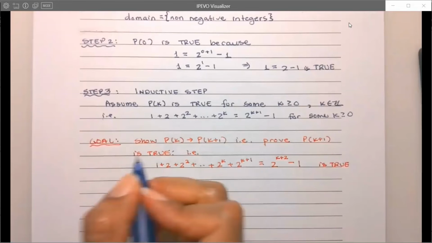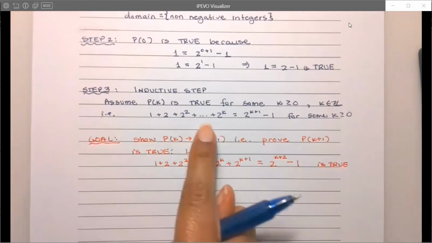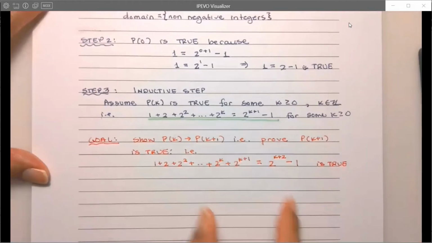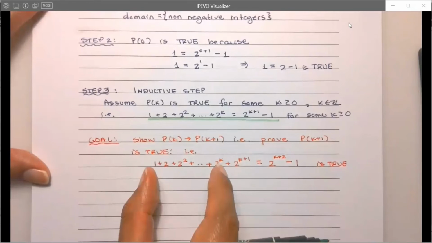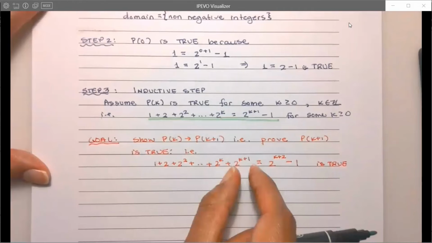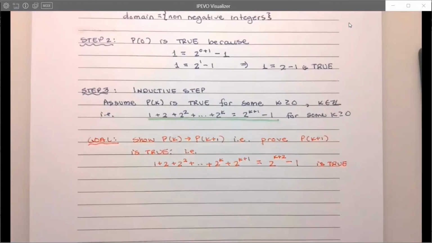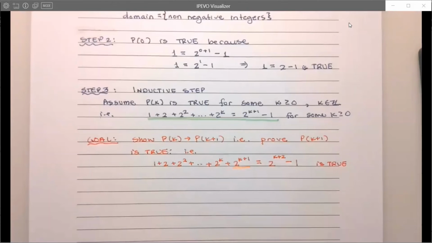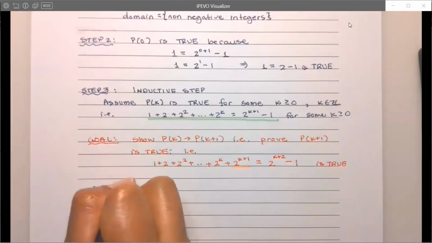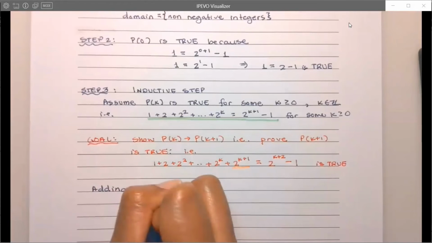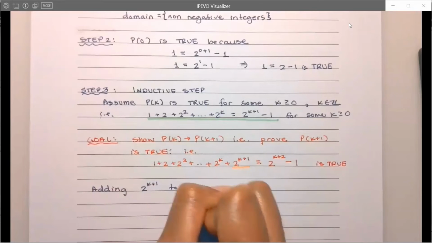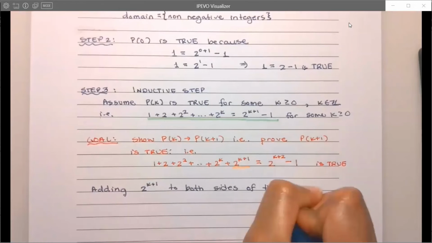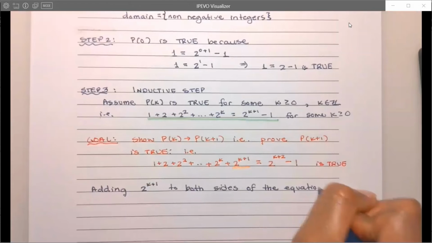Let's give it a try. How do we get from the assumed statement to this goal statement? Well, in the assumption, we're missing this last term, the 2 to the k plus 1. So I'm going to add that to both sides of the equation assumed true.